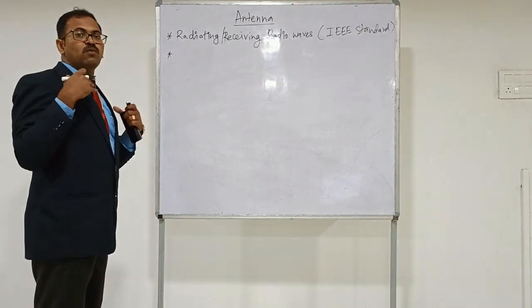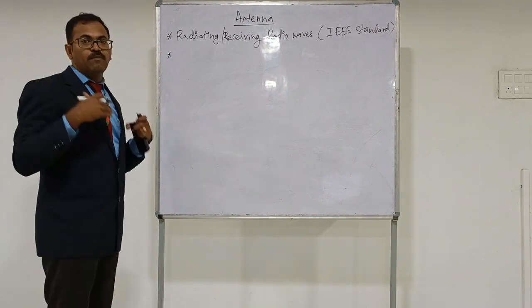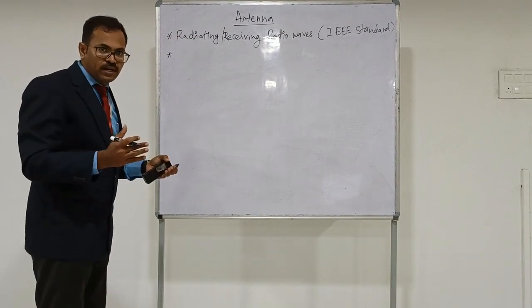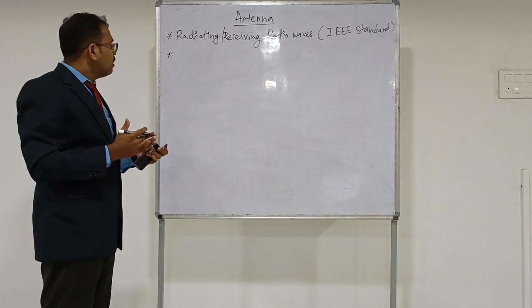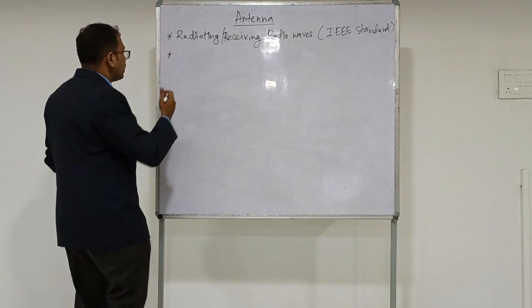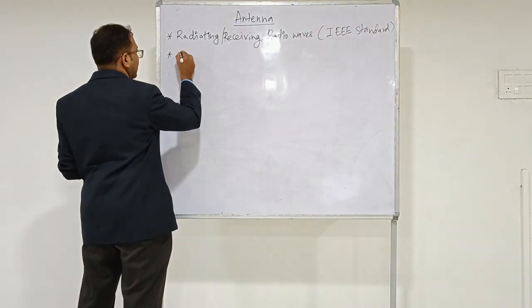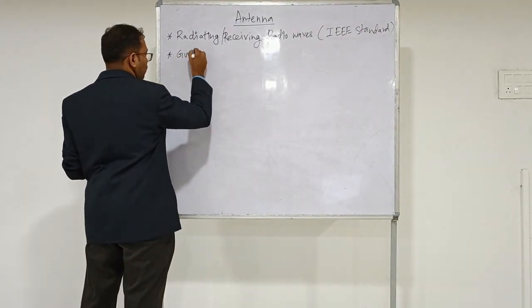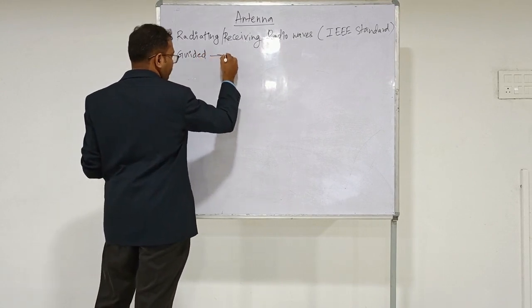So during transmission, what does an antenna do? We apply alternating current to a piece of metal. Upon transmission, the antenna converts a guided wave into a free space wave.